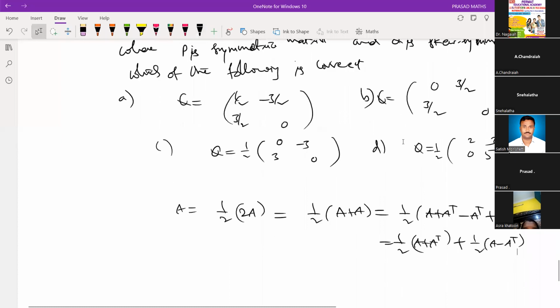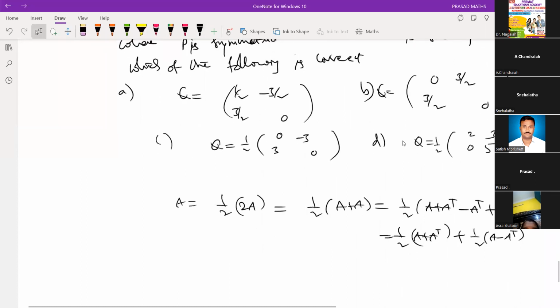Any square matrix can be uniquely written as a sum of a symmetric matrix and a skew symmetric matrix. We have seen that A plus A transpose is a symmetric matrix, so half of A plus A transpose is also symmetric. We have seen this other part is skew symmetric, and it is a unique representation.